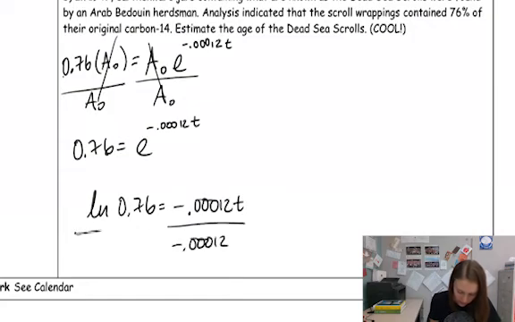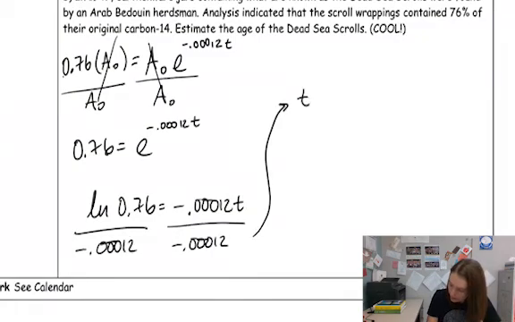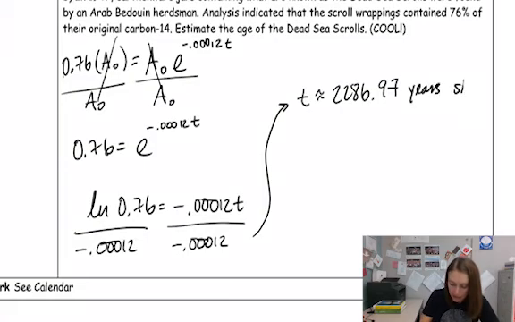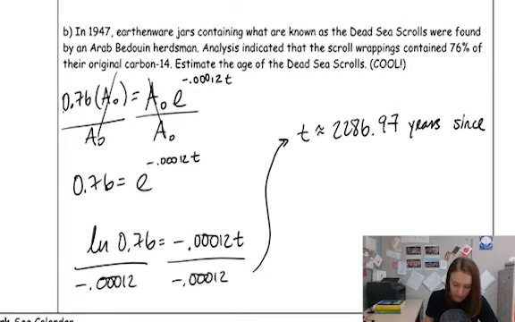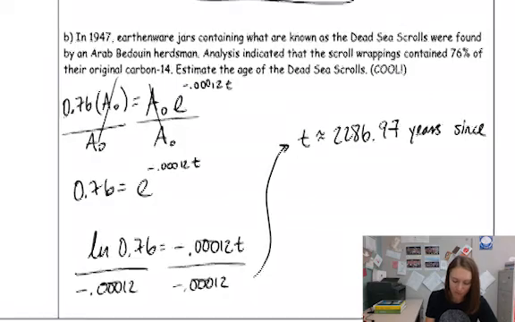Divide by this k value. And t is approximately 2286.97. Now remember, that's years since when? Well, that's how many years it had been when they found it in 1947.